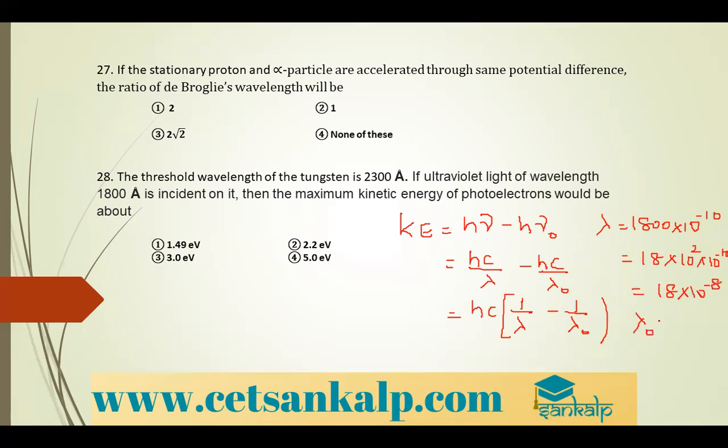Similarly, lambda naught is equal to 23 into 10 to the power minus 8. So hc can be written as the h value, which you know, and the c value, which you know. Multiply and solve. Okay, you can keep it in electron volts, so try it. h value is 6.6 into 10 to the power minus 34 into 3 into 10 to the power 8.